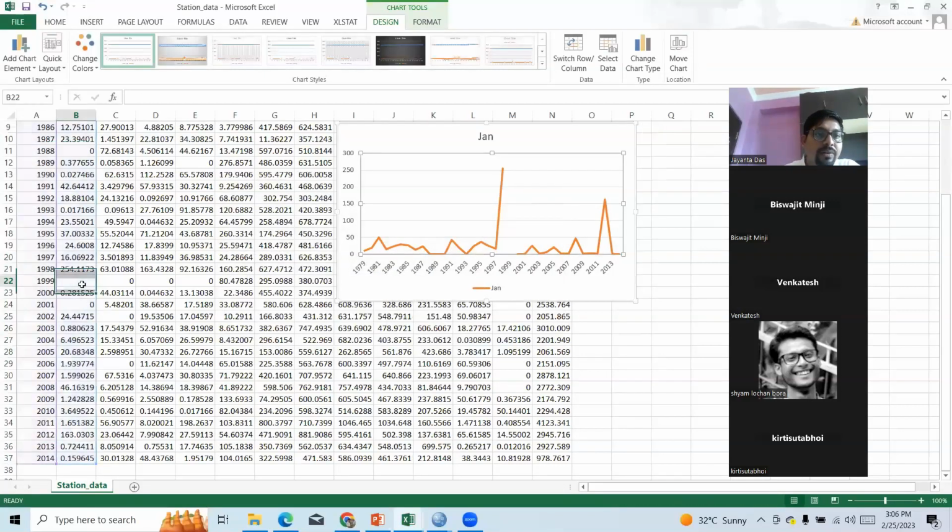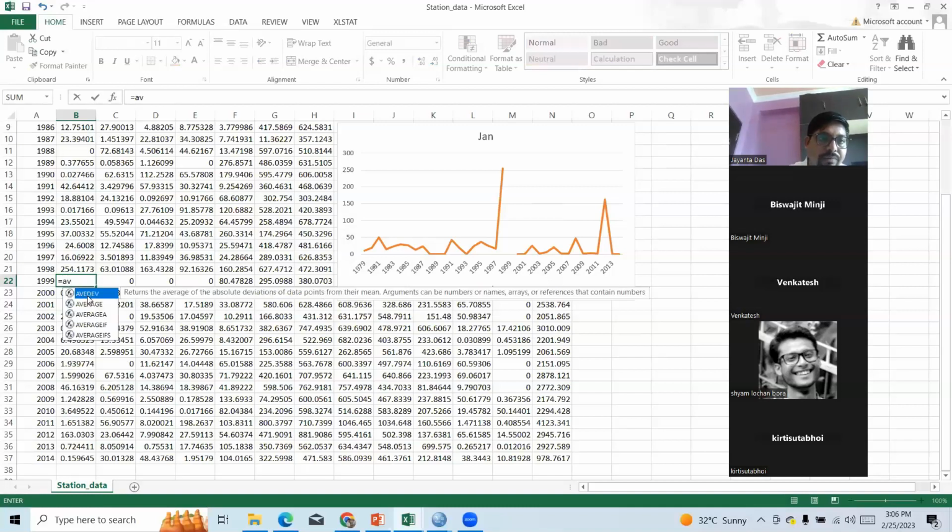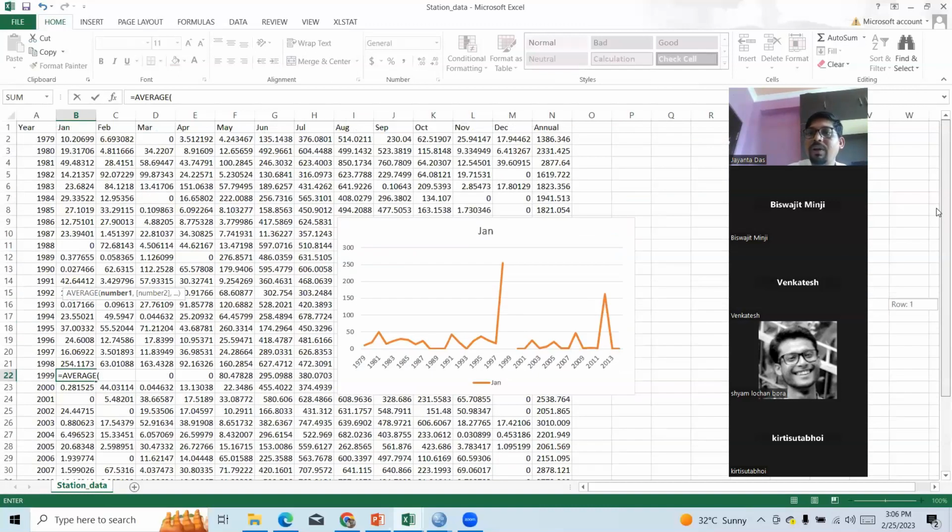There's one missing record, right? Always use multiple imputation methods rather than any other technique. And this is only for demonstration purposes.